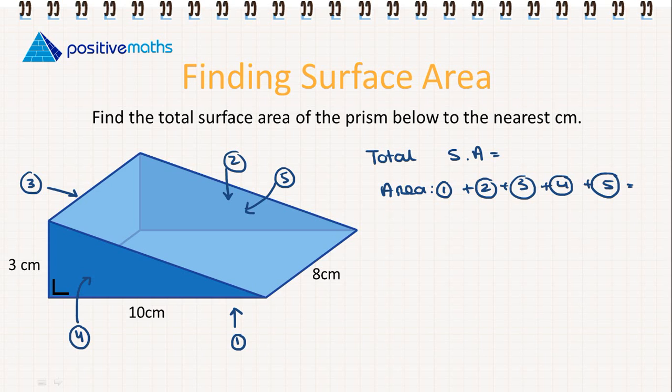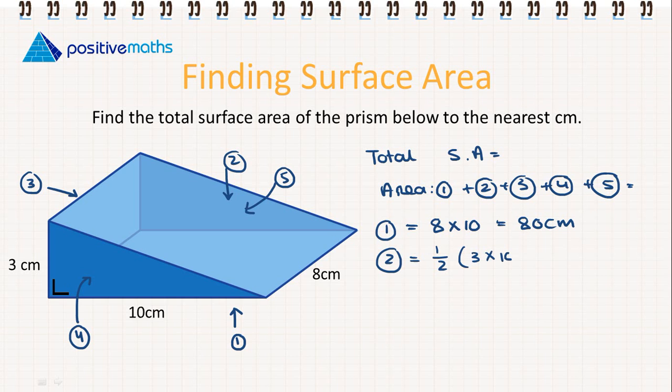Okay, so let's work on finding the area of 1. So it's a rectangle. We have the length is 8, the width is 10. So the area of 1 is going to be 8 by 10, which is going to give us 80 centimeters squared. Okay, now let's work on 2. This is our triangle at the back. So we have the height is equal to 3, the base is equal to 10.